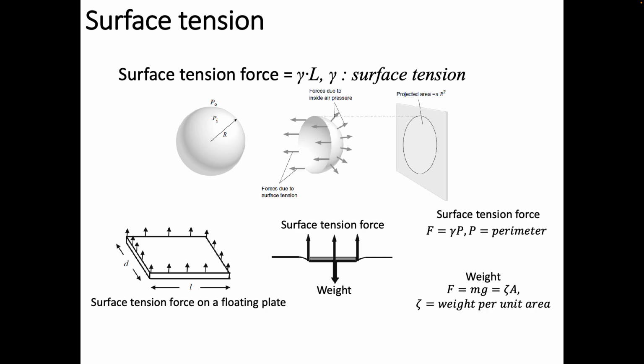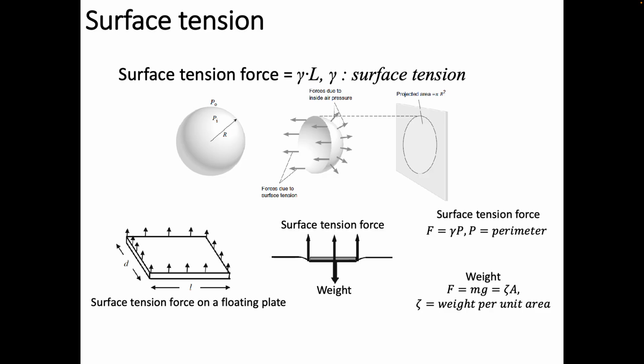If we look into the force balance of this spherical liquid shell, the force due to surface tension acts on the surface or perimeter here, and this force is balanced with the force due to the inside air pressure.